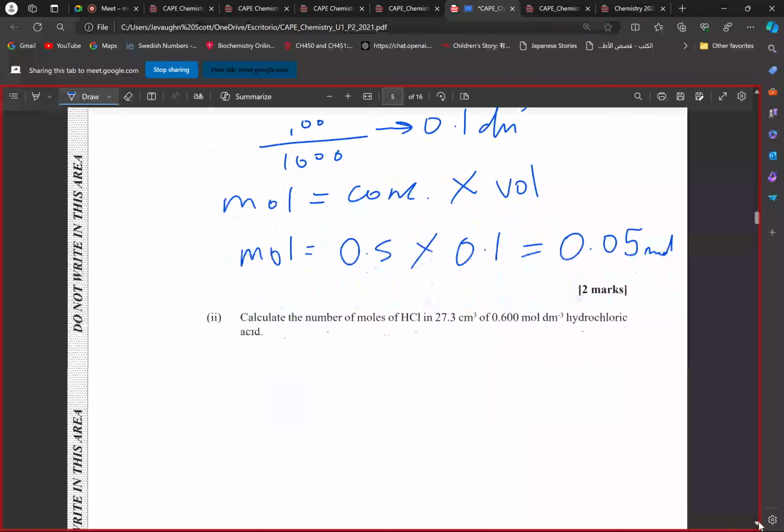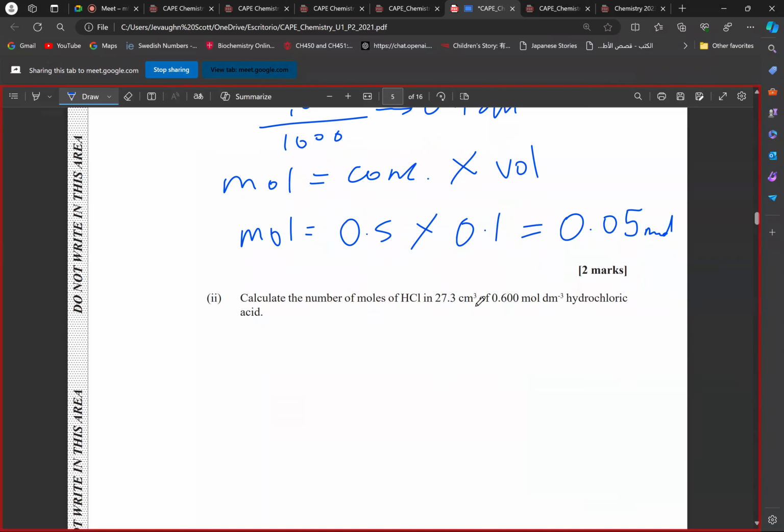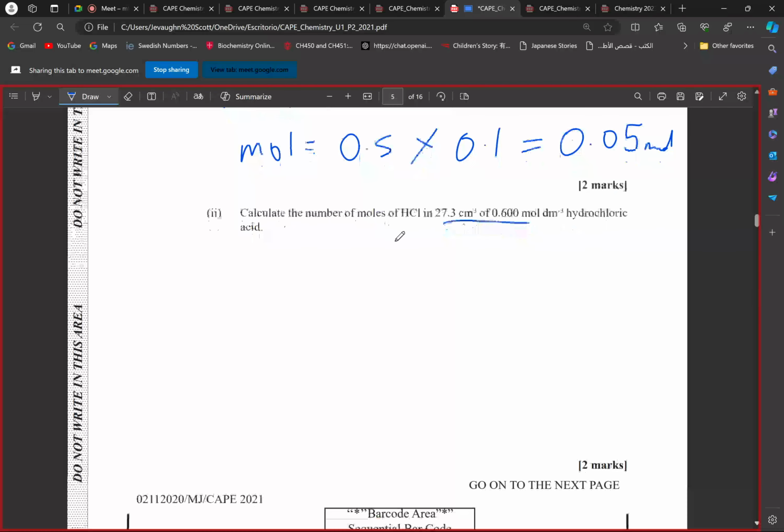Calculate the number of moles of hydrochloric acid in that amount. Would it just be the same procedure, right? Volume times the concentration, right? Yes, no, maybe, kind of. Okay, so it's the same thing, right?